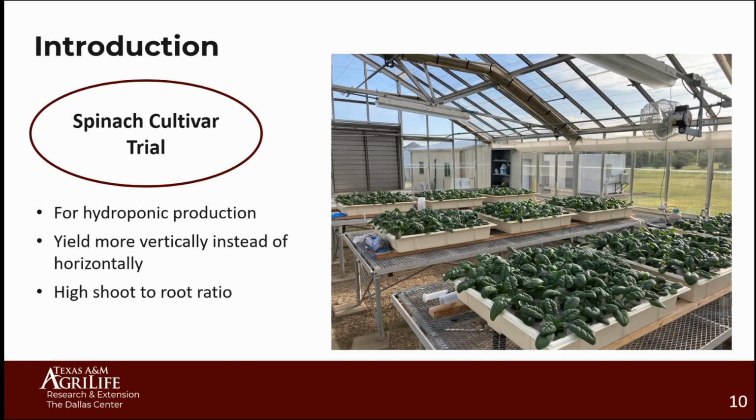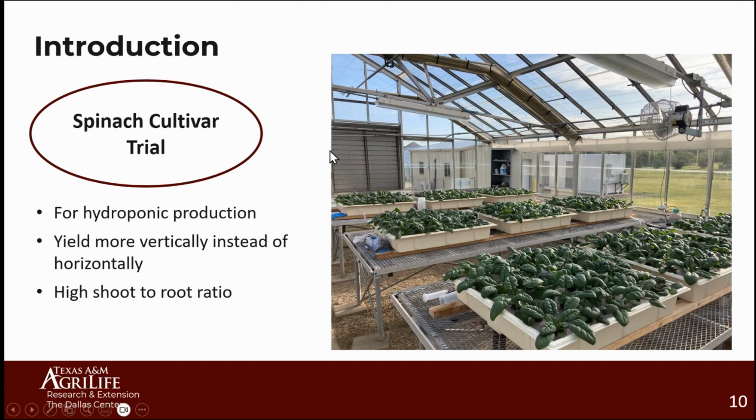However, there are some difficulties if we want to grow spinach hydroponically. The first is cultivar. As I mentioned, since field production is the main production method in the United States, the spinach cultivars available on the market were mainly selected for field production.